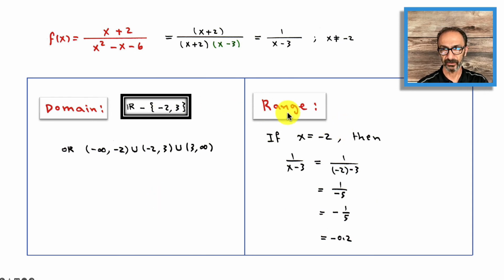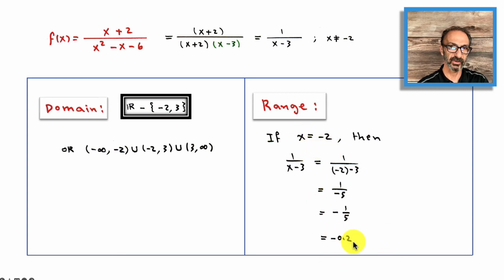So for the range, we talked about the horizontal asymptote as the x-axis. So y cannot equal 0 because we have a horizontal asymptote because of the degrees. And it can't be an image when x equals -2 because that's a hole. But if you want to find it out, that's the value.